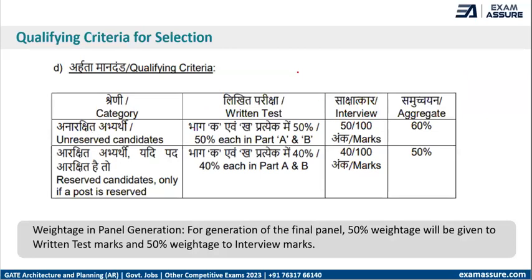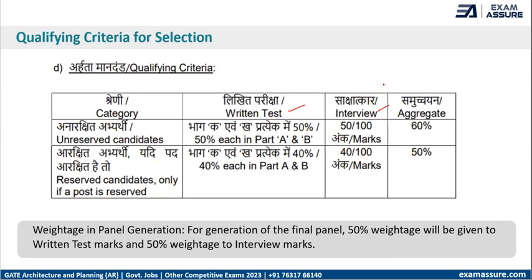As far as the qualifying criteria for selection after the interview is concerned, the weightage in the panel generation will be 50% to the written test, covering part A and part B, and 50% to the interview marks. So if you see, this year the pattern has changed.